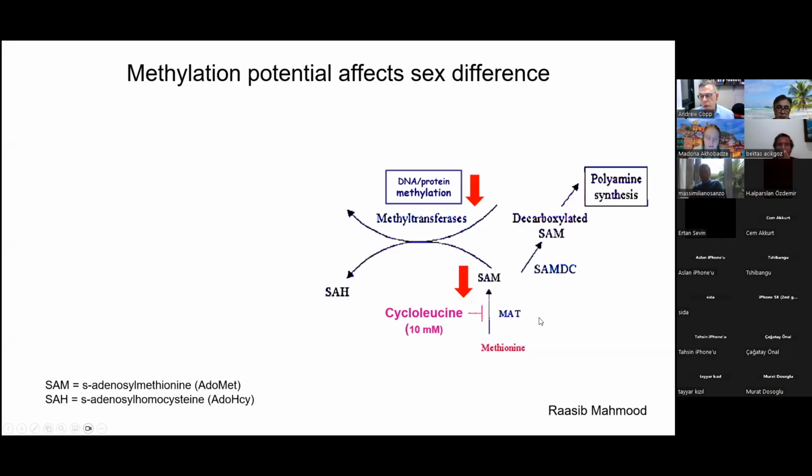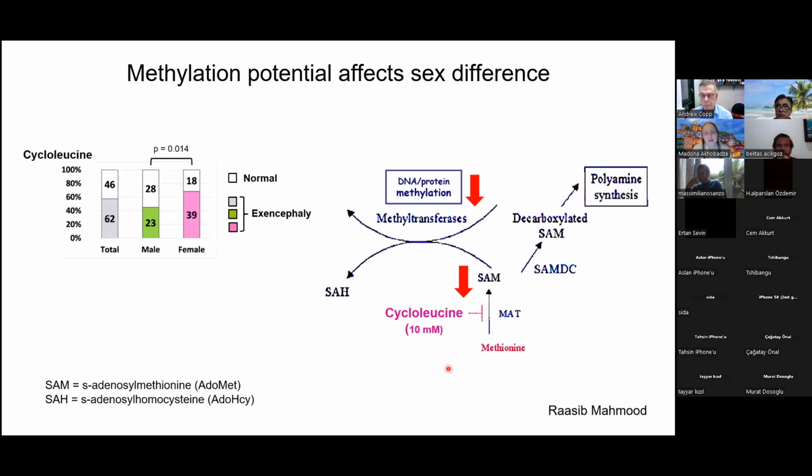So we thought that if we take normal embryos and predict that the females may be short of methyl groups, if we were to block the production of SAM with an inhibitor, cycloleucine, we would see an excess of females affected by neural tube defects. And we already knew that cycloleucine will cause neural tube defects. That was already known.